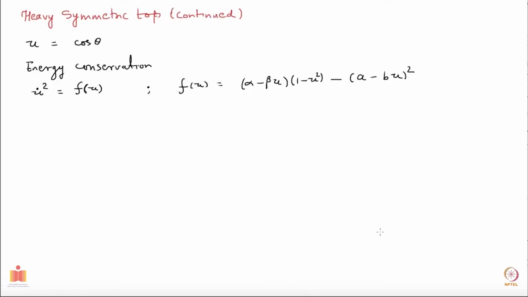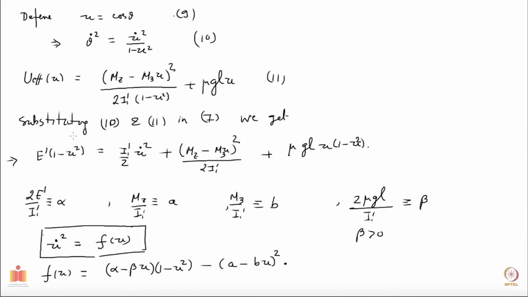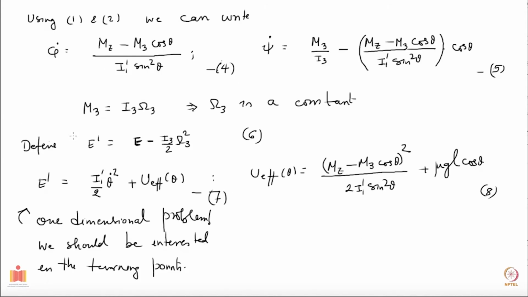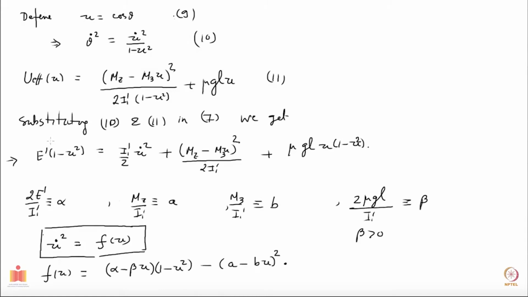Let's return. Okay, that's good. And also let's go back and see that we had written down an equation for, I believe, phi dot somewhere. Yes, so we have a phi dot. Okay, that's what we wrote, and this time derivative of phi can again be written down in terms of constants a, b, alpha and beta.